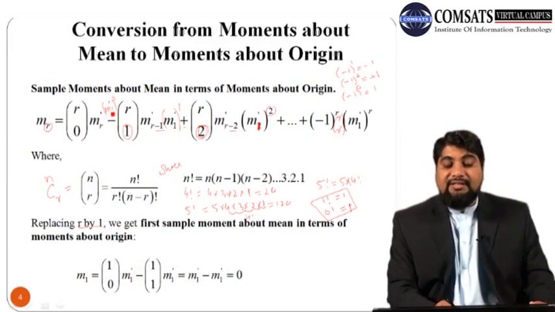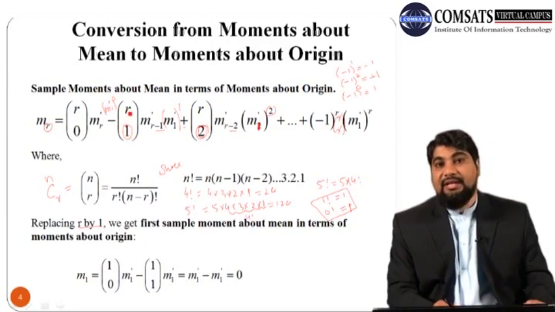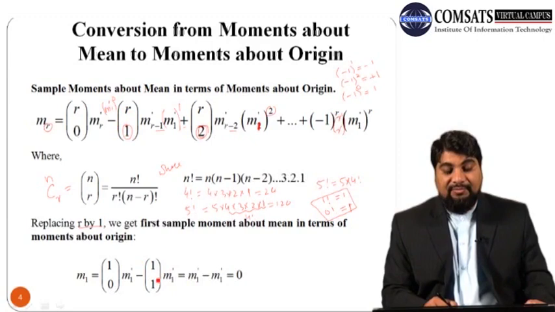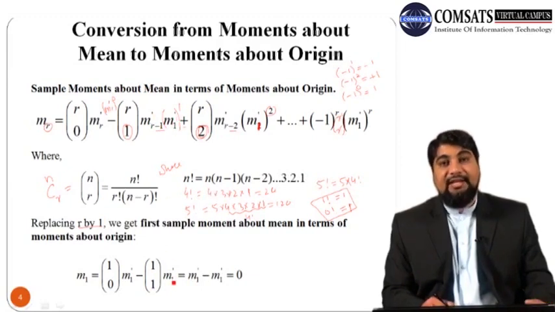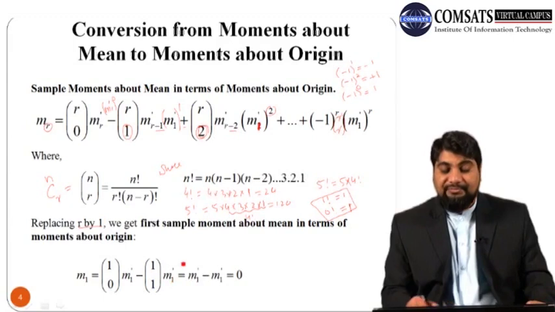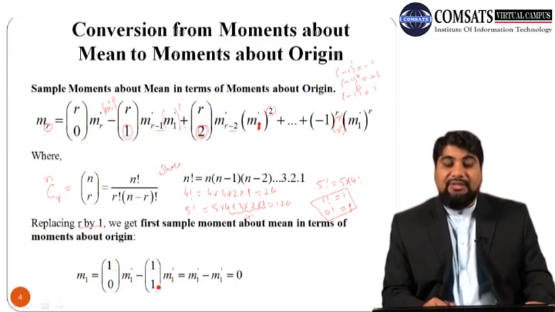There is no need to write m1 dash raised to power 0, because anything raised to power 0 is 1. Then put minus sign, then r minus 1, so replace r by 1, so 1C1, and then m dash 1 minus 1, which is 0, so there is no 0 moment, we will skip it, and then m1 dash raised to power 1, this one as it is. So now we have to calculate this 1C0 and 1C1.